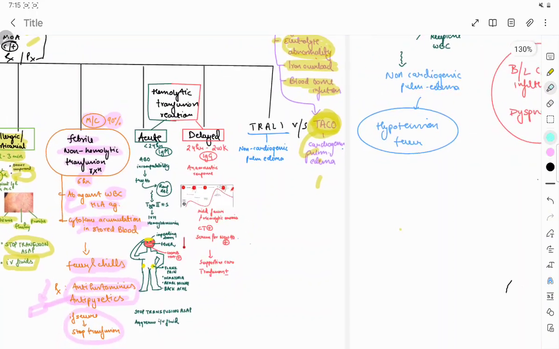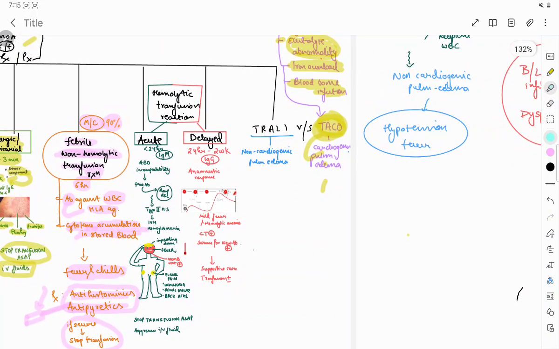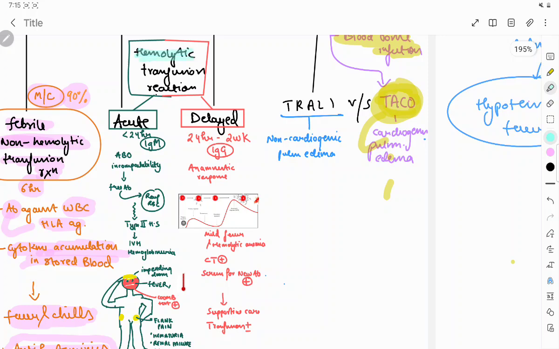Let's continue to understand a really very important thing now, that is how a patient with hemolytic transfusion reaction is going to present. Now we have two kinds of responses here. The one having IgM antibody and presenting within 24 hours is acute hemolytic transfusion reaction.